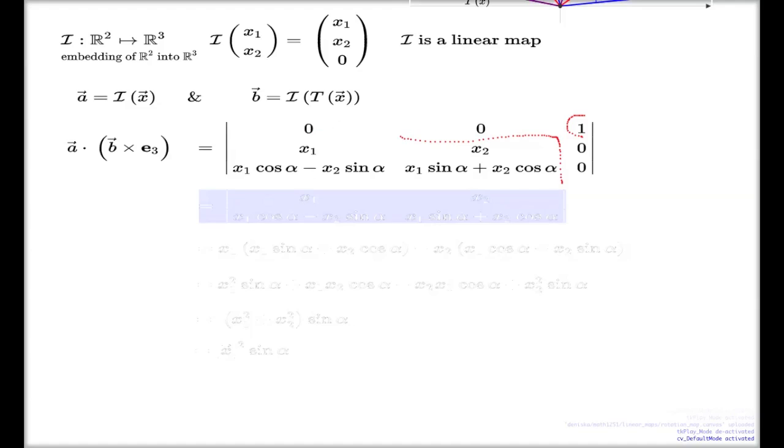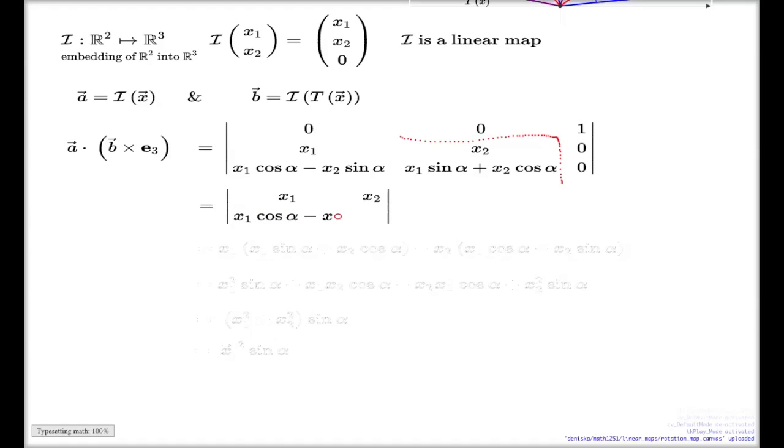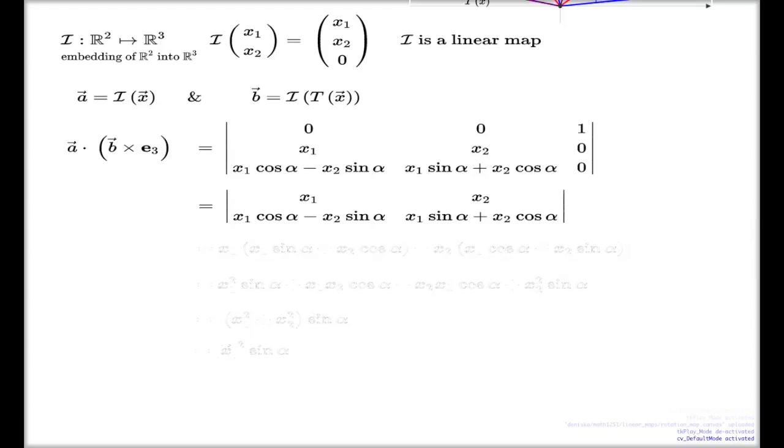Here's the minor. And all we need to do is compute this 2 by 2 determinant. Let's just do that. We all know how to compute the determinant. It's this x1 times this entry, and take this x2 times this entry.